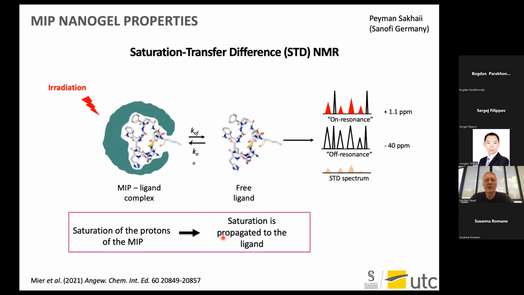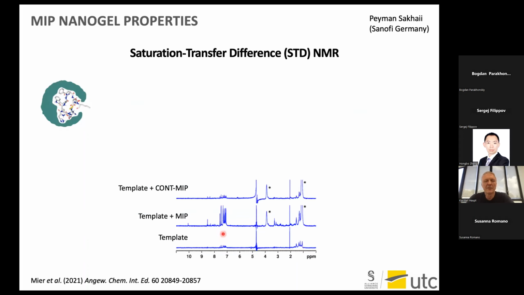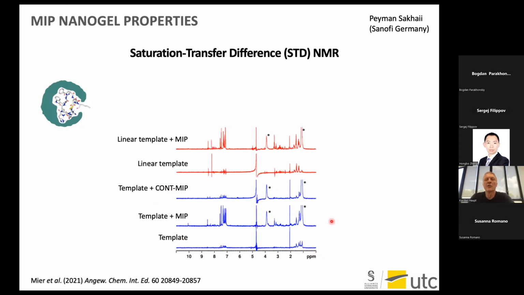Now, if we take a look at the control, now we use the control MIP, which is not specific for this peptide. We don't have this effect. The peaks stay small. And as I said, the linear peptide also binds, so it also works in the same way with the linear epitope.